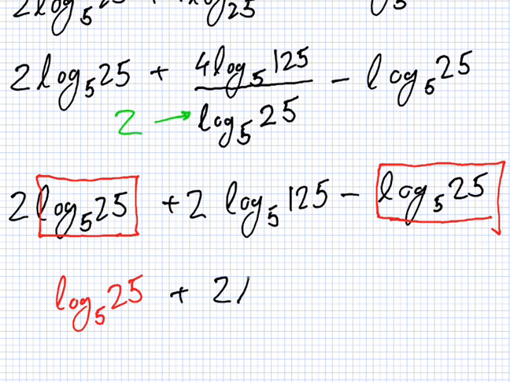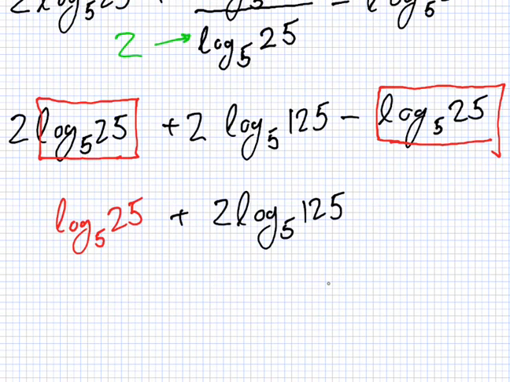Plus 2 log 5 of 125. Now I can start putting numbers in. What's log 5 of 25? 2. And then what about this one here? 3. This is 3, isn't it? So the answer will be 8 then.